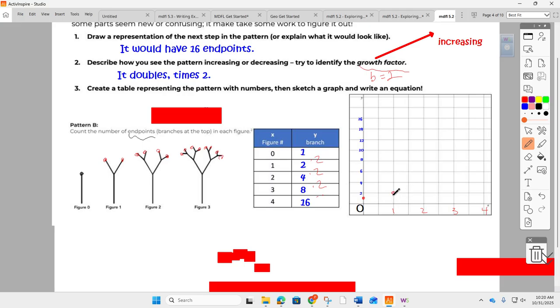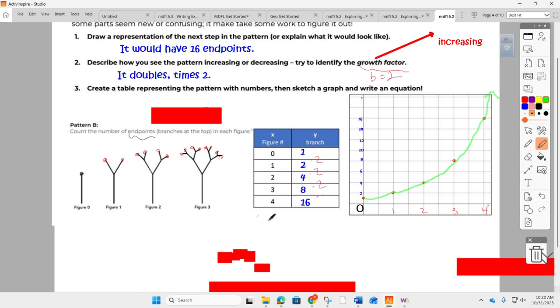Over 2, up 4, over 3, up 8, over 4, all the way up 16. So you can see how much more the dots, the points are spreading out as the x's get bigger. The y's are increasing at a much greater rate than the x's.